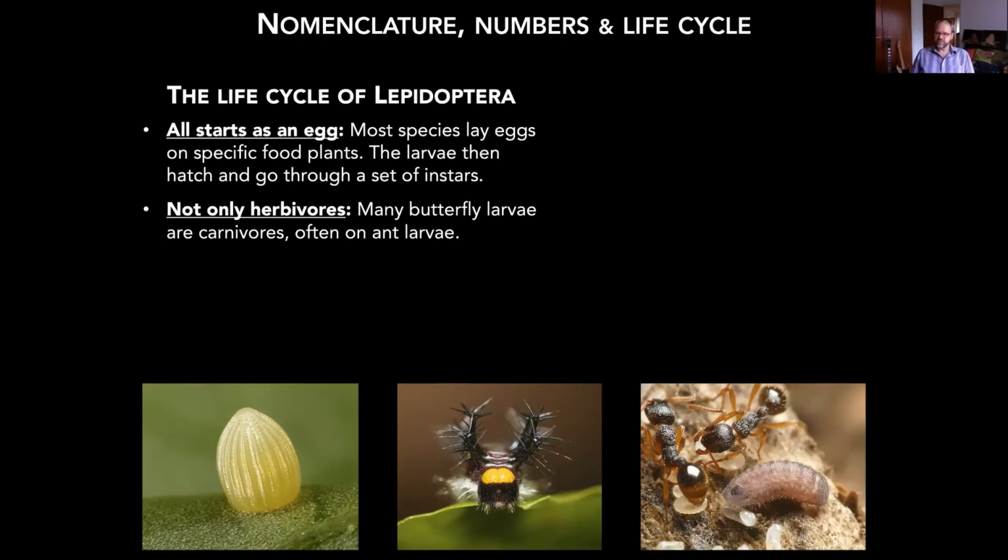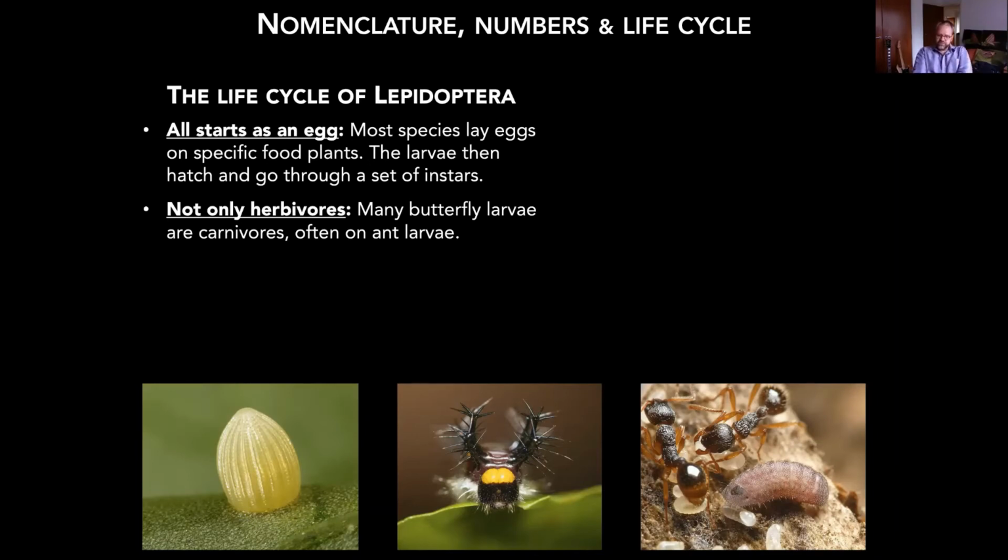So the ants think that this is an ant larva and they take it down into their nest. And in the nest, the ant larvae are eaten by the butterfly larva without the ants stopping it, because they still are sure that this is just one of their own. So they are parasites in ant nests, and then they will pupate down there and crawl out as an adult butterfly without the ants harming it.